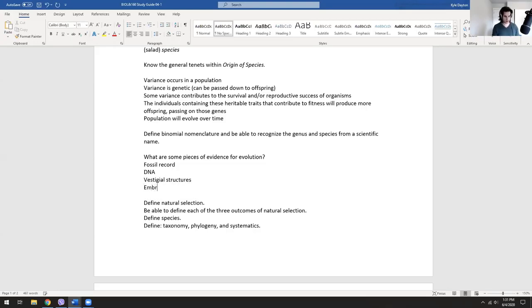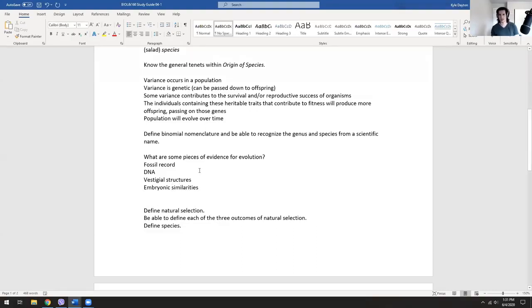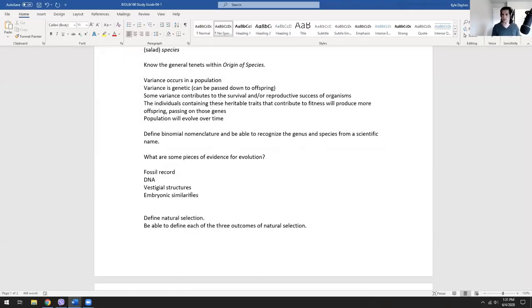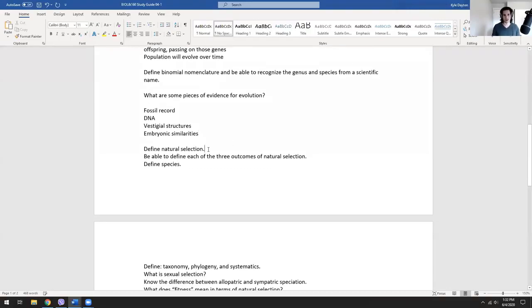Embryonic similarities. Am I missing any? Fossil record, DNA, vestigial structures, embryonic similarities. Do I have any missing? Okay, well, if I am, then I won't test on them.